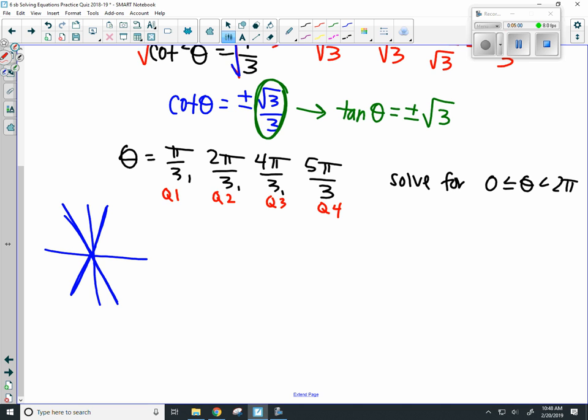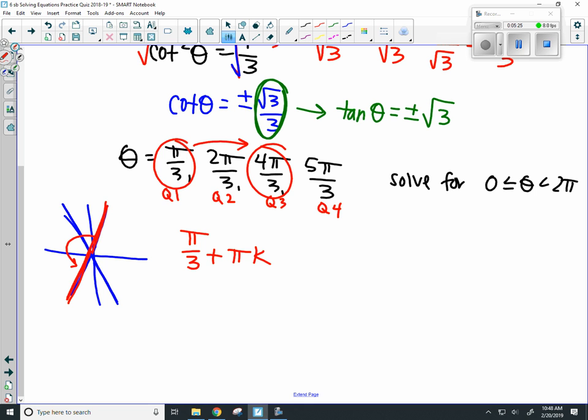So what you'll see happen is pi over 3 is exactly pi away from the 4 pi over 3, or the angle that's in the third quadrant. So because those angles are just pi away from one another, we can write the general formula by just saying pi over 3 plus pi k.